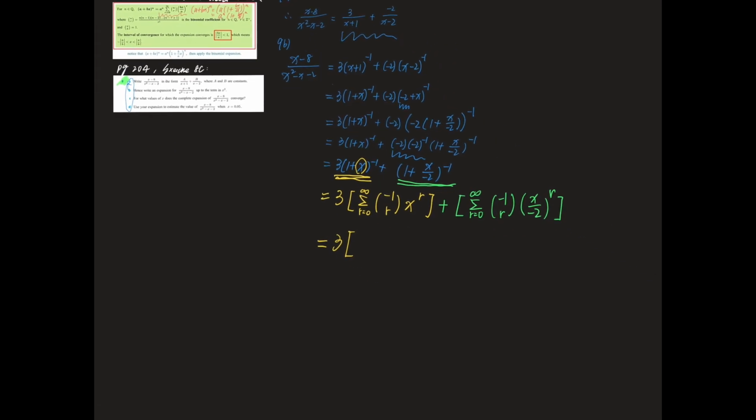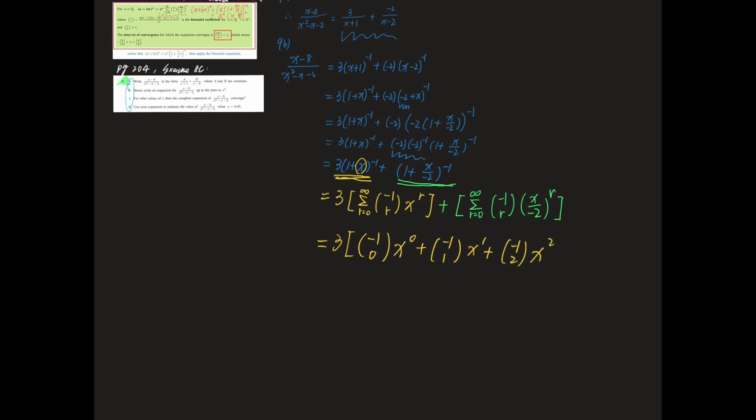So the first one is n choose 0, right? So n is -1, r equal to 0. So -1 choose 0, and then x to the power of r, r is 0 in this case. And we're going to continue. -1 choose 1, x to the power of 1, plus -1 choose 2, x to the power of 2.